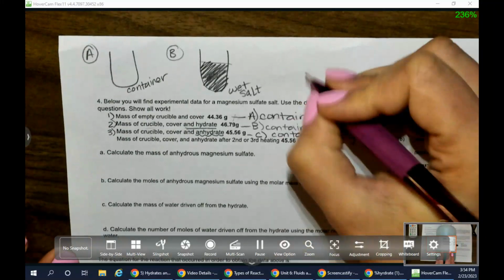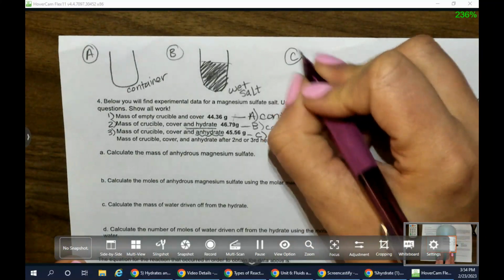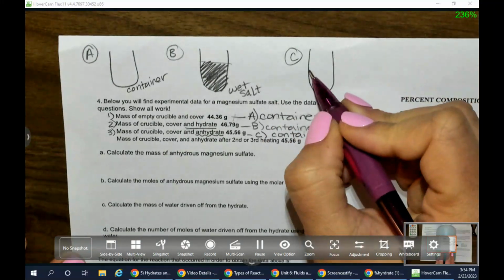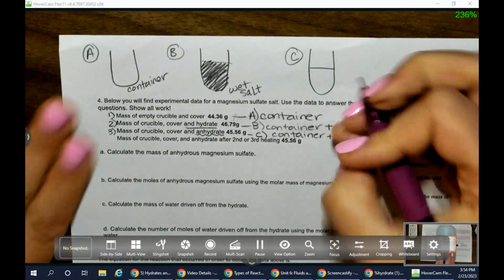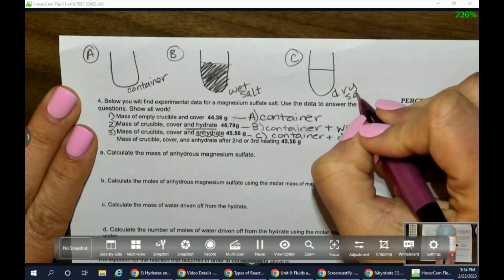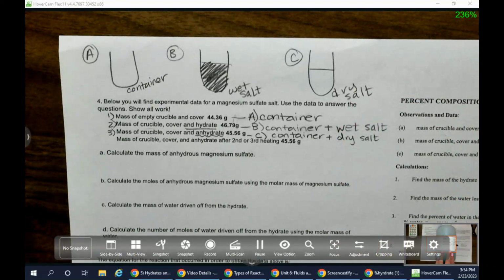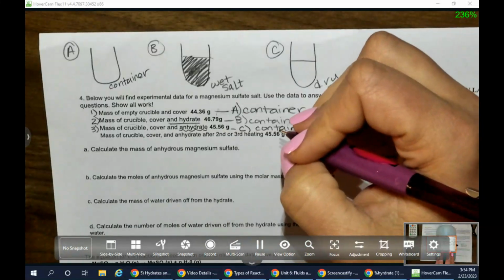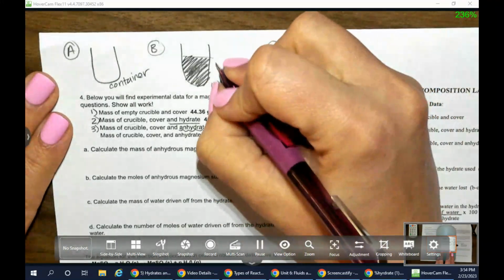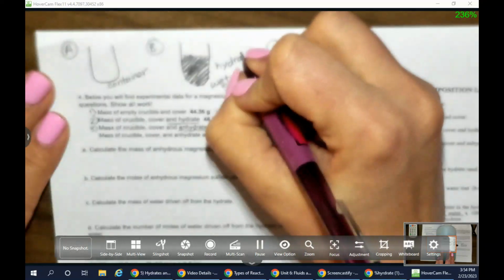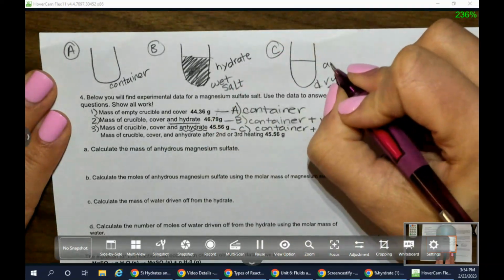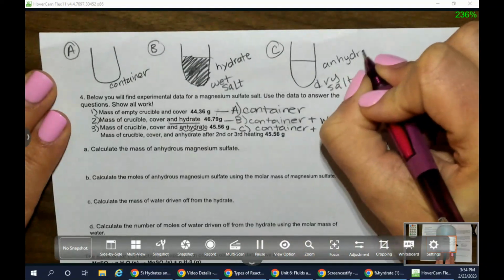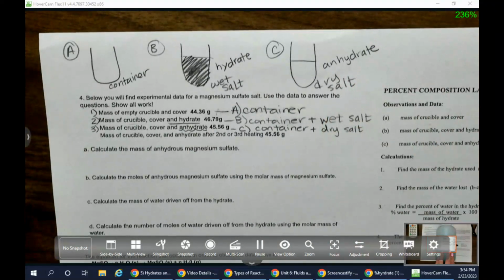So letter C, we have our container with the salt, and now it's dry. So to put the technical terms or the actual vocab words up here, this is your hydrate. This is the anhydrate. Just to kind of assist you when you're getting to those calculations.